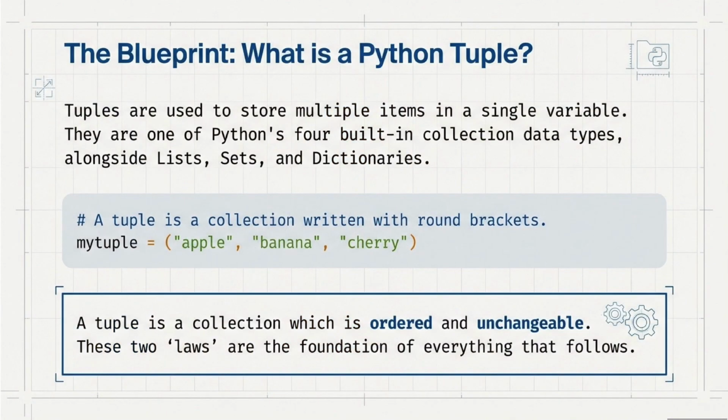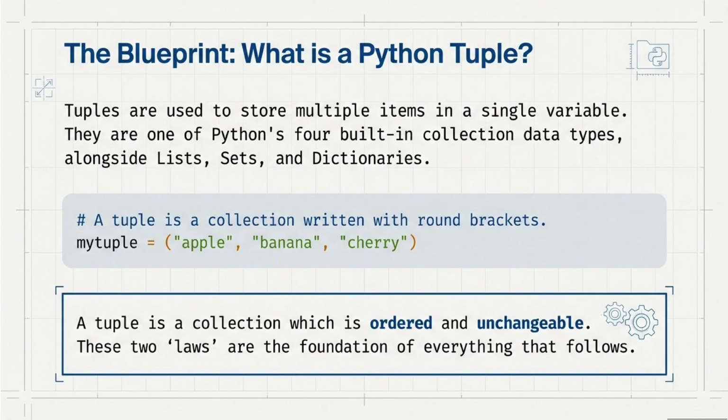Let us look at the example shown here. Apple, banana and cherry are assigned to my tuple. In this line of code, three items, apple, banana and cherry, are grouped into a tuple using round brackets.